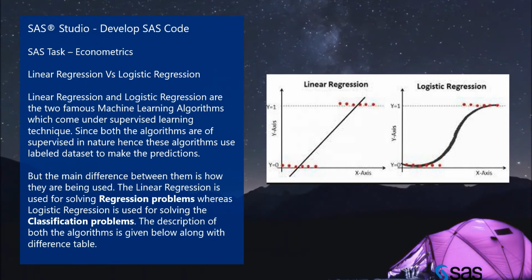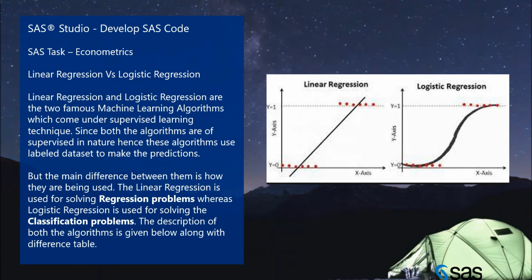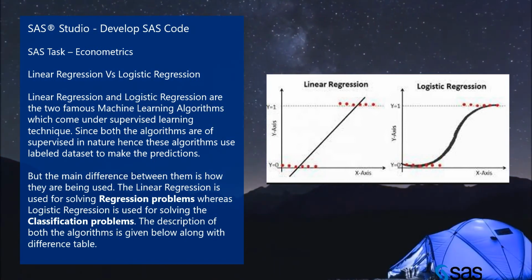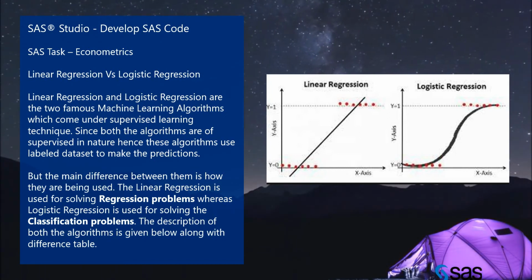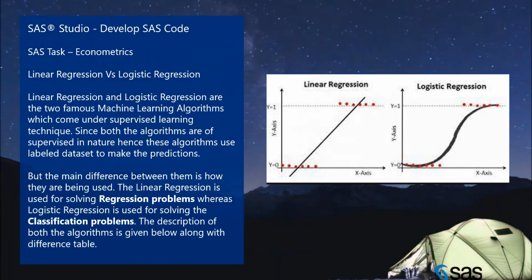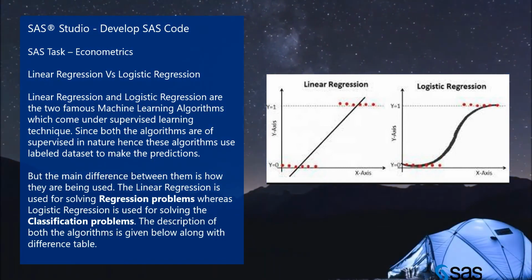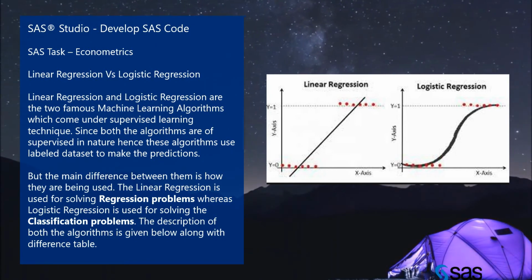But the main difference is how they are used. Linear regression is used to solve regression problems, whereas logistic regression is used to solve classification problems.